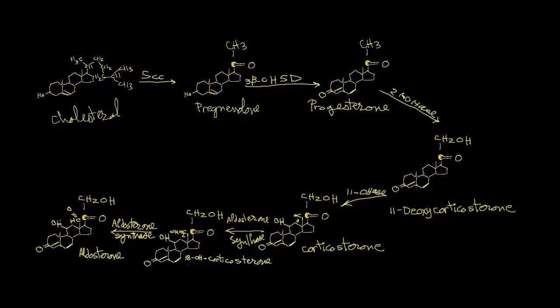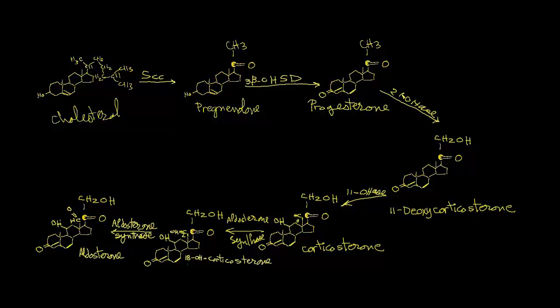We have to realize that aldosterone synthase is also a mitochondrial enzyme. So now we know of 3 enzymes which are mitochondrial enzymes in the pathway of the steroid biosynthesis. This includes the sidechain cleavage enzyme and the 11-hydroxylase, and now the aldosterone synthase.